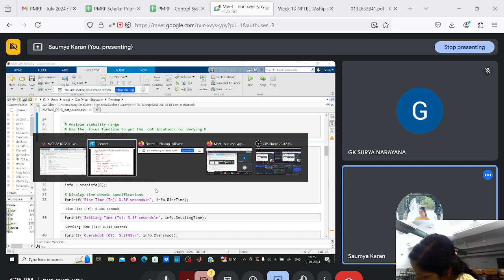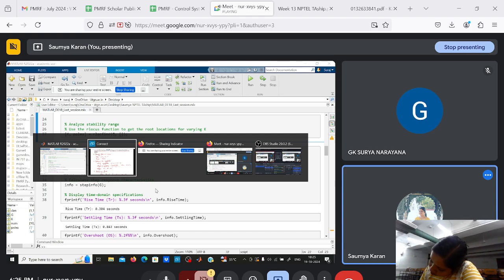It would be minus pi into 0.707 under root 1 minus 0.707 square. Right? Once you try to find it, I'm giving you the answer directly. You get it to be equal to 16.3%.